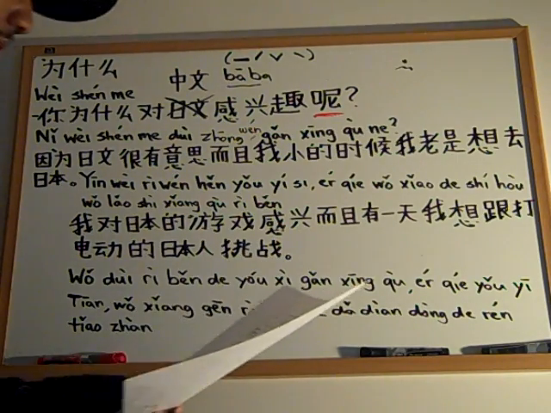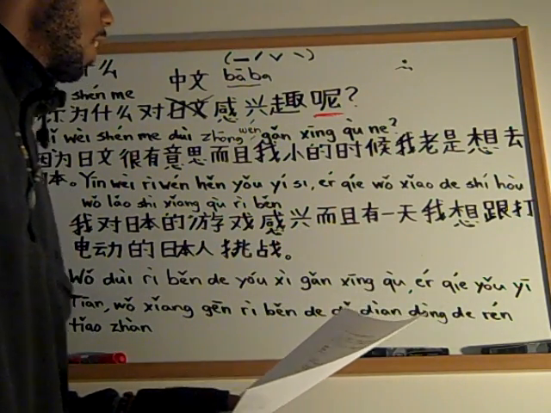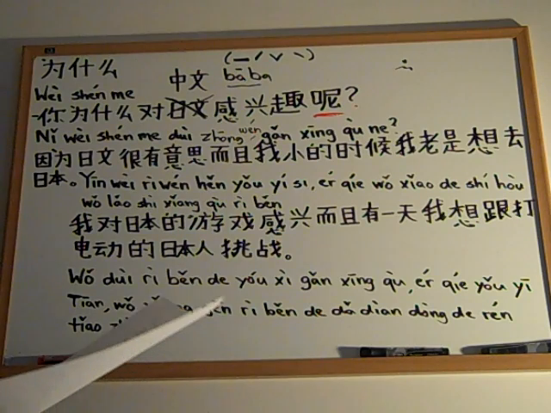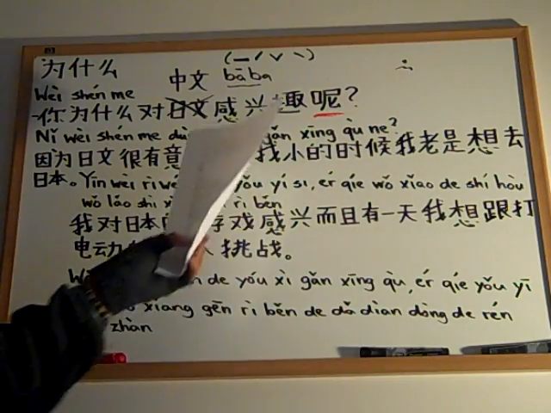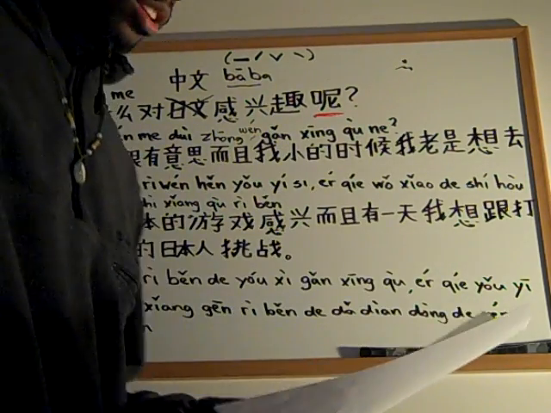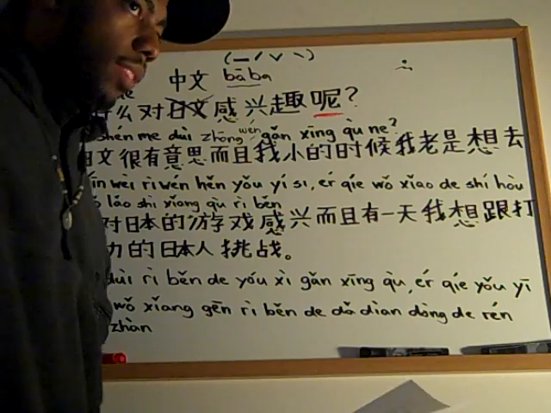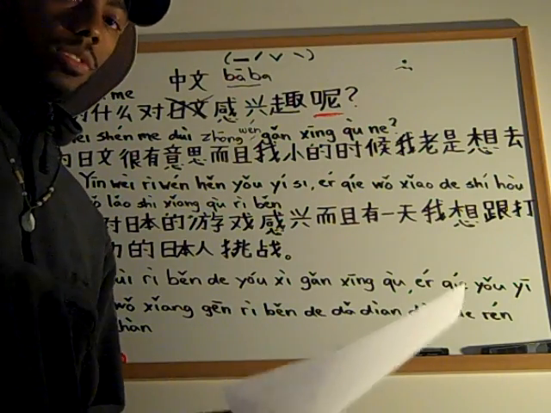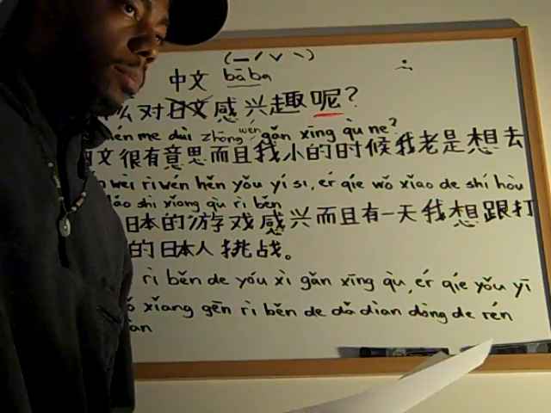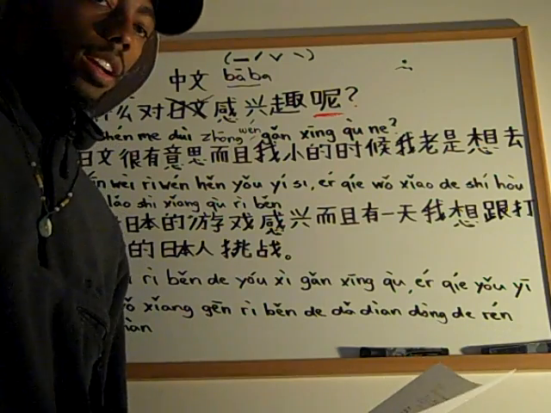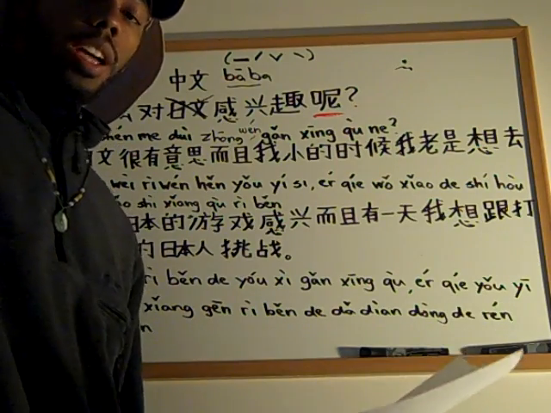Okay, so first thing, I'll start off with the characters. Now we're using simplified characters here, and as you guys know, in Chinese they use both simplified and traditional characters, and most of the time they use the simplified characters in mainland China.